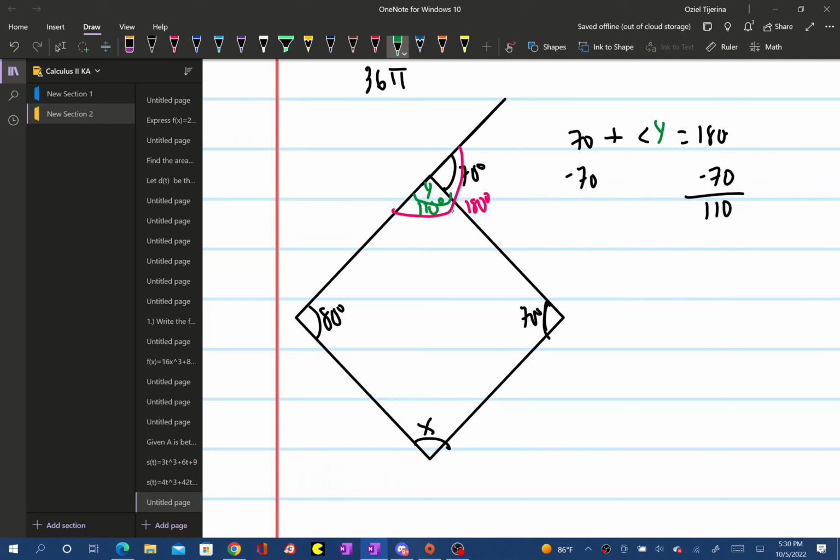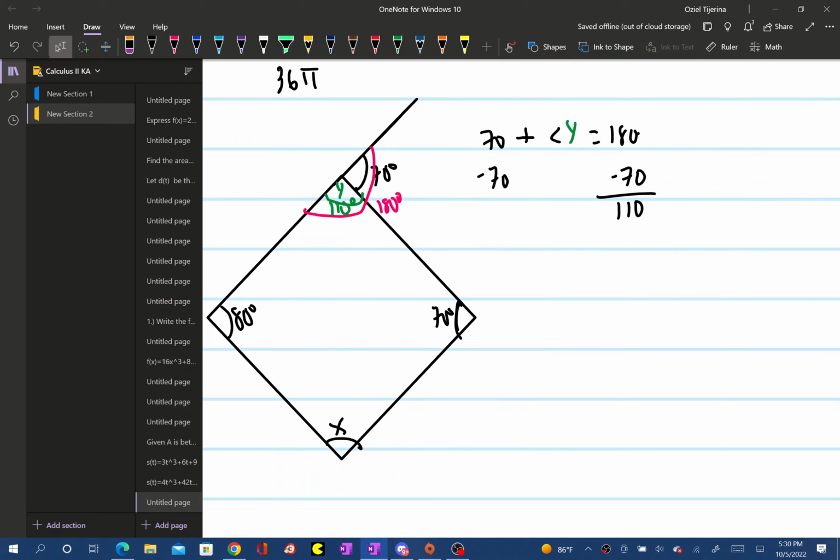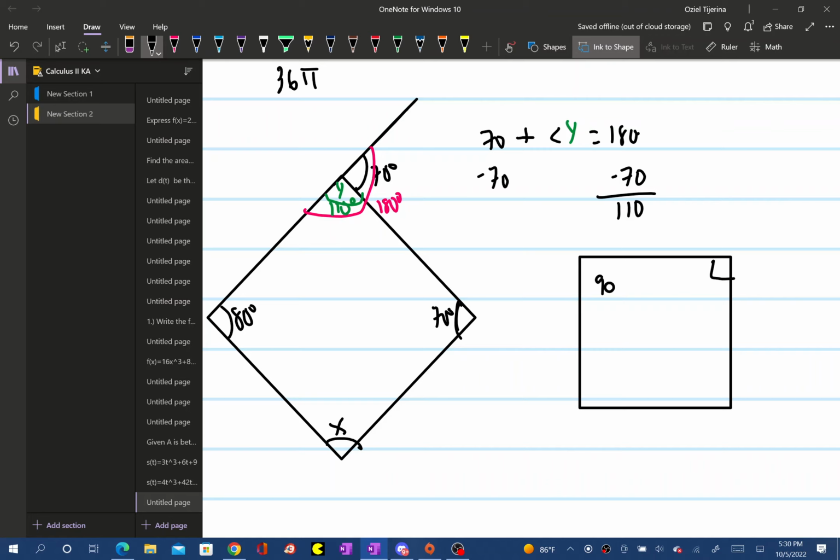Now, you know that any quadrilateral that has 4 sides, it doesn't matter if it's a rhombus or a kite, anything like that, the angles measure to 360. So it would be like, this is 90, 90, 90, 90.